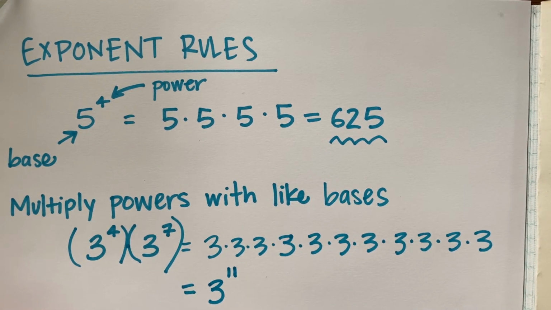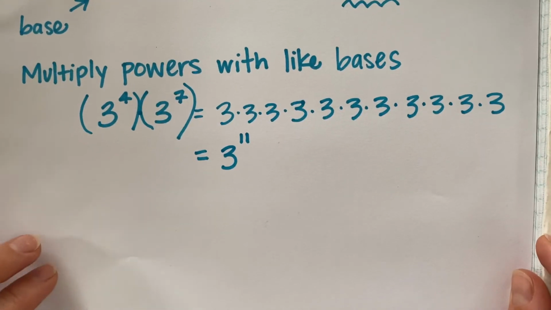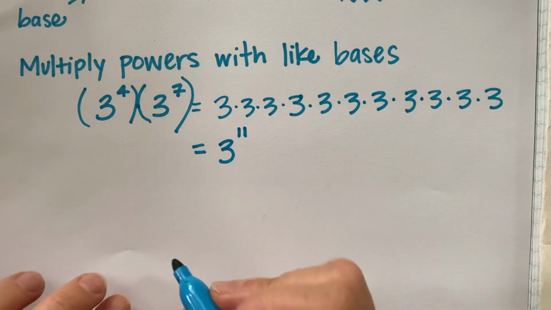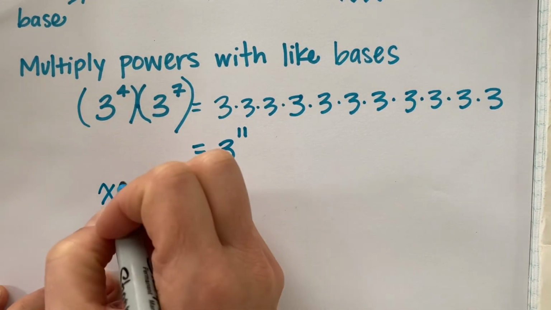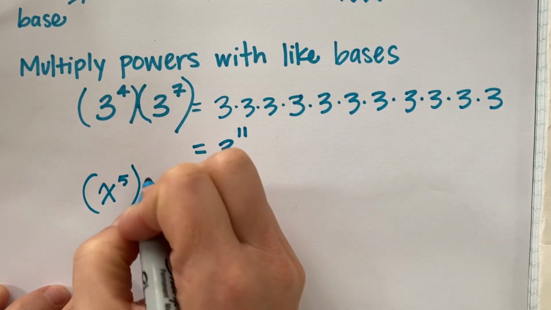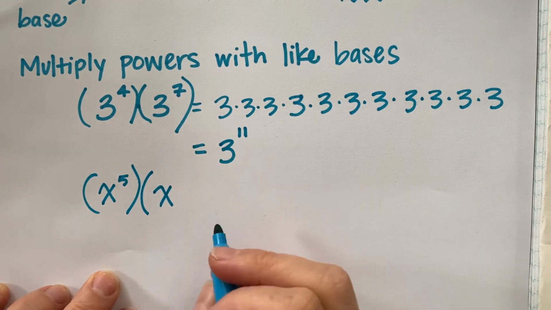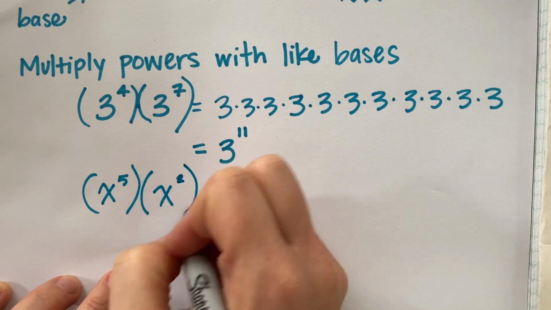Remember that in mathematics, we are trying to notice patterns, describe patterns, and generalize patterns. So I wonder if you're noticing a pattern here. Let's look at another example to see what you notice. So let's say we have, let's use a variable, x. X to the 5th power times x to the 2nd power.